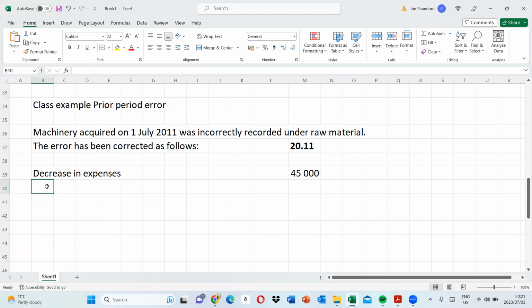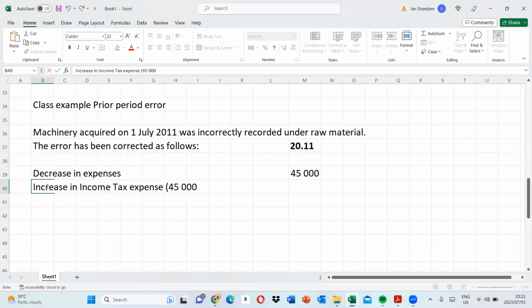Now, what happens to income tax when you decrease expenses? There will be an increase in income tax. For how much? 45,000 times 20%. Because you record it as a negative.